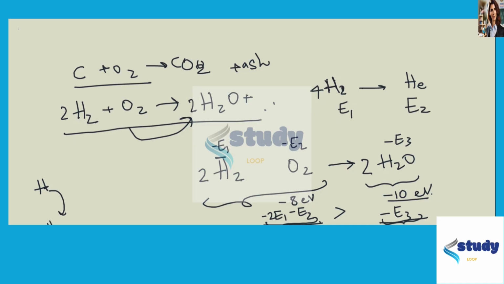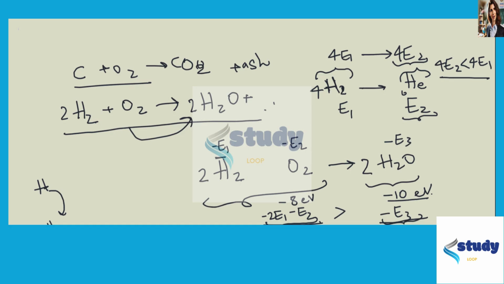Now, the total energy on the left-hand side here will be 4E1, and the total energy on the right-hand side will be 4E2, because E2 is smaller than E1. And this is energy per nucleon. So the total energy will be the energy per nucleon times the number of nucleons. So that's 4E2, which means 4E2 will be smaller than 4E1, and the difference is released as energy.